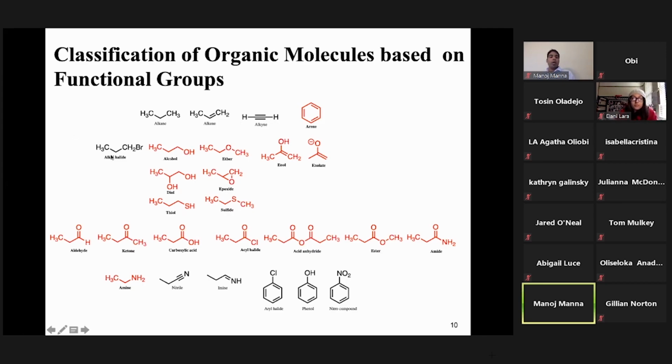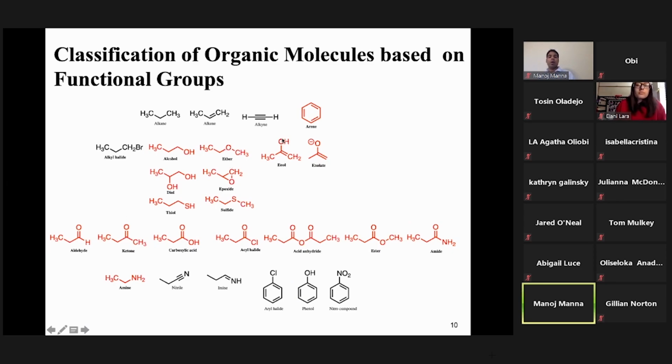Now, if we have a halogen, fluorine, chlorine, bromine, iodine, directly connected to an sp3 carbon, we call it alkyl halide. If we have an OH, we call the functional group alcohol. If we have a carbon, oxygen, carbon linkage, that is an ether.